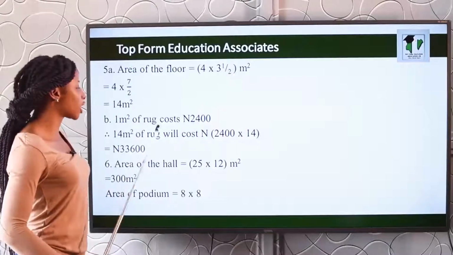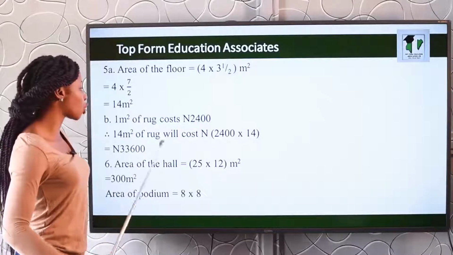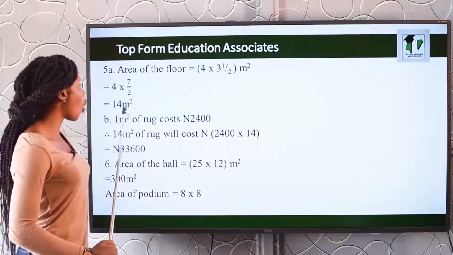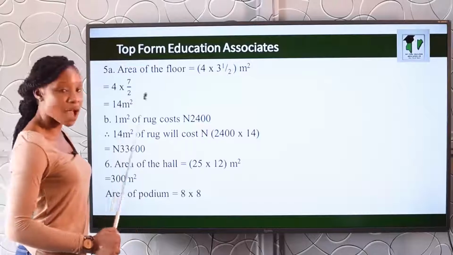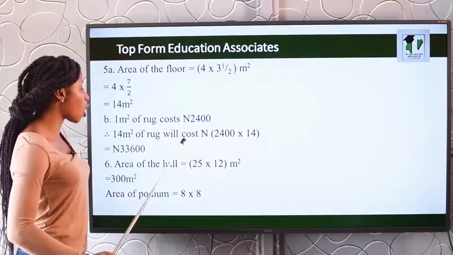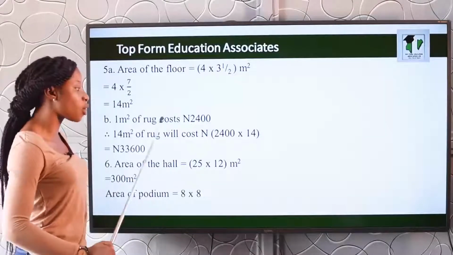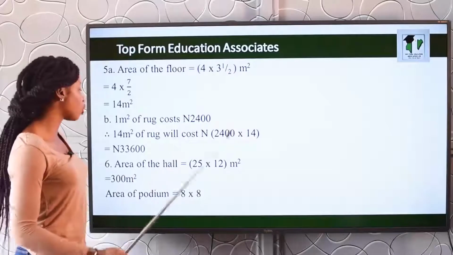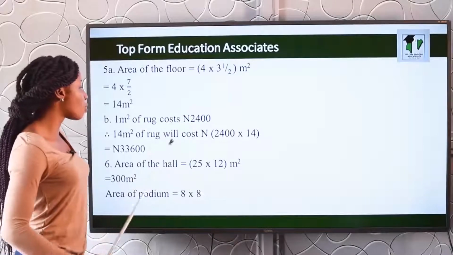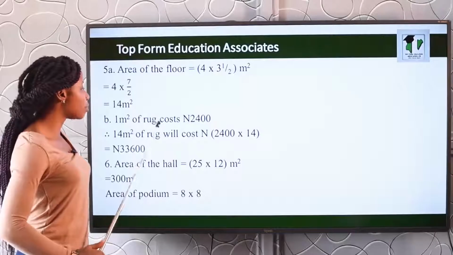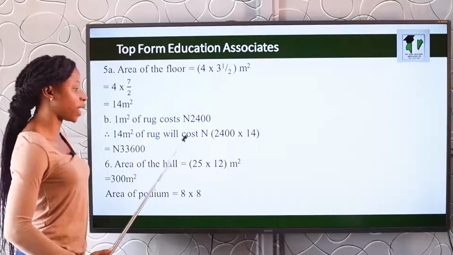Now, the B part of the question asks us to look for the cost of rugging the area of the floor if 1 meter square of the rug costs 2,400 naira. So in doing that, we'll multiply the area by the cost of 1 meter square.